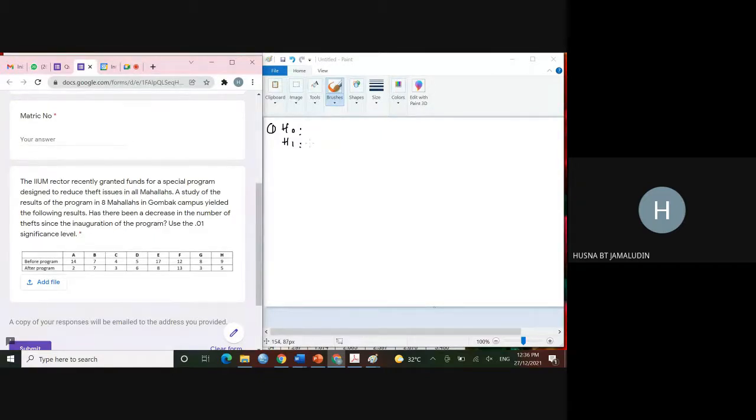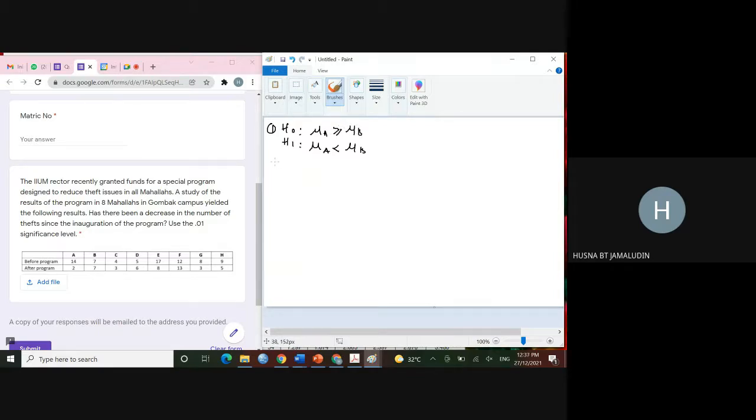Okay, so it depends on you. You can say mu after the program. You are assuming that there is a decrease, right? So mu after the program, the decrease, is smaller than the mu before the program. Okay, you can just use the simple one instead of using the difference. The H0: mu after bigger or equal to the mu before.